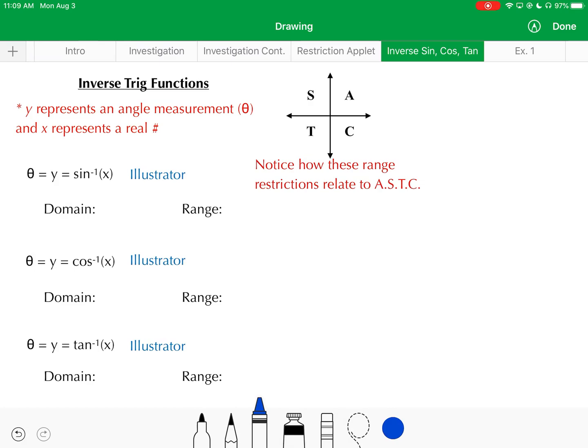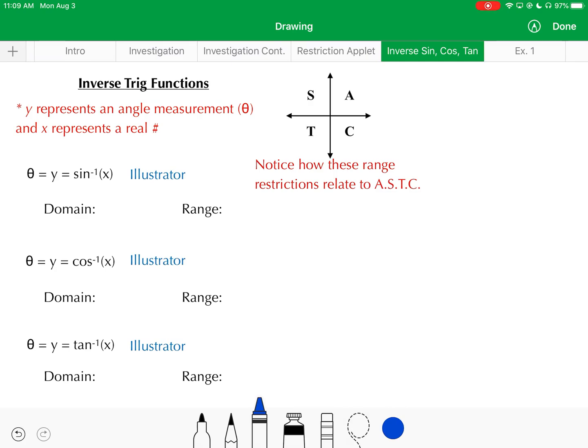The range of your inverse function is going to be the same as the domain that you restrict the inverse function to have, so that it's one-to-one, okay? And I think it's important to understand for any inverse trig function, y, your output, represents an angle measurement, and x, your input, represents a real number. That's just the opposite of what it was for any original trig function, okay?